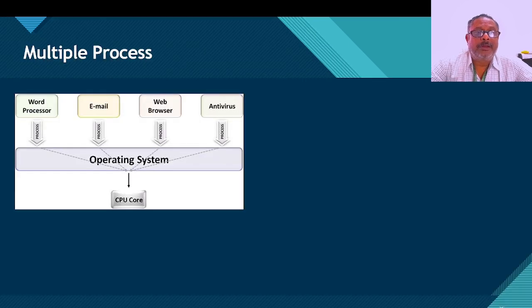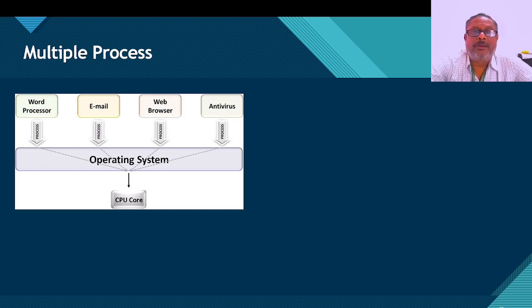So when we are working with multiple processes, maybe one word processor is open, one email system is open, one web browser is working, one antivirus is working, and many such things. We are keeping them open simultaneously, and at the logical level all of them may be working.